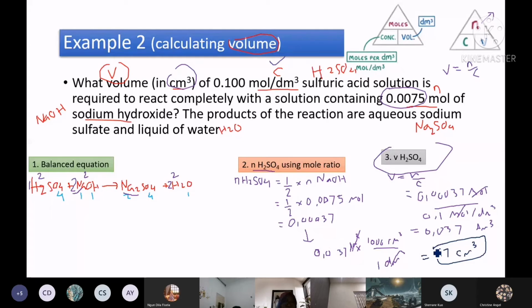Understood? About calculating the volume in volumetric analysis. No questions, kids?